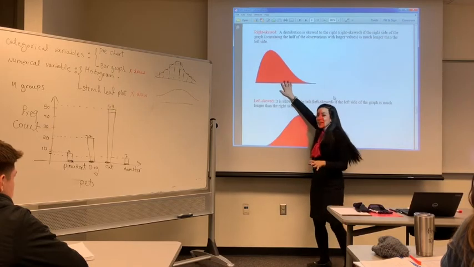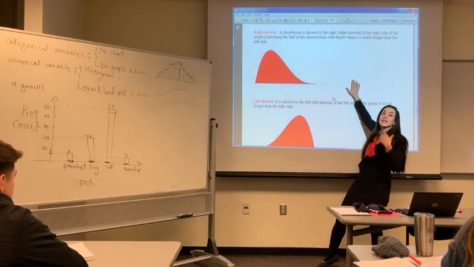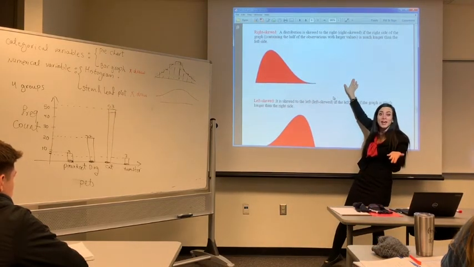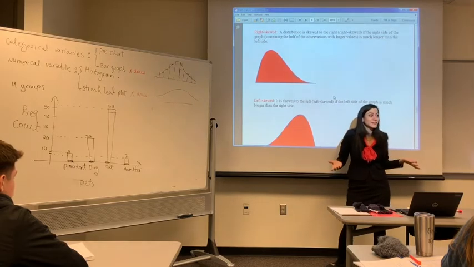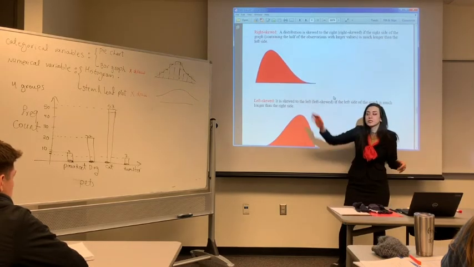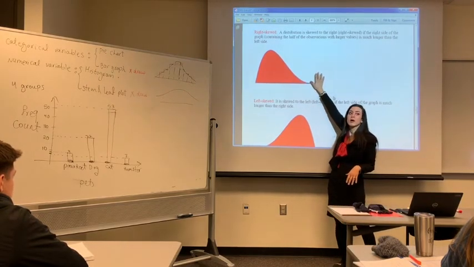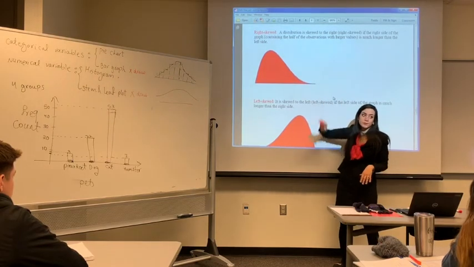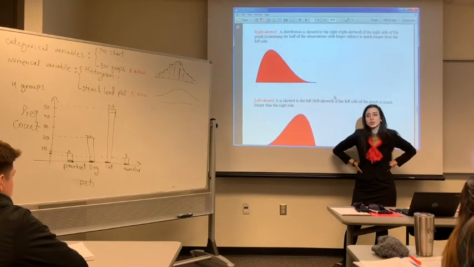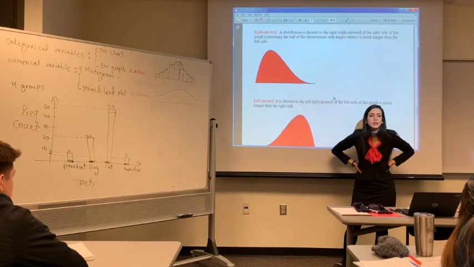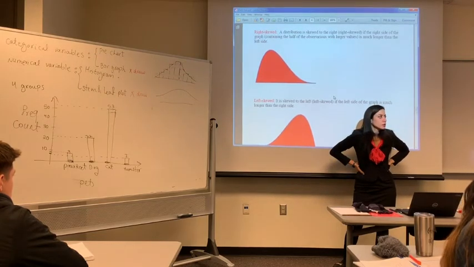So if it is extending to the right side or positive side, we have positive skewness. This is another name for right skewed: positively skewed, because it's going to the positive side on a real number line.